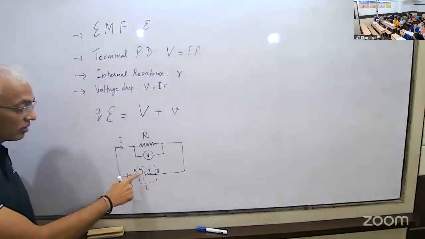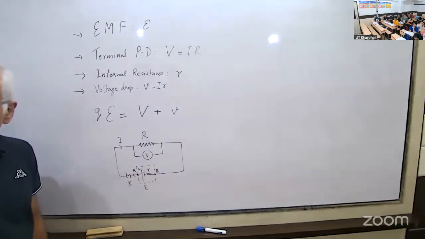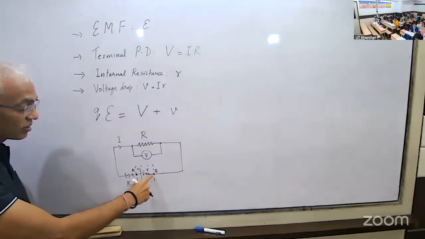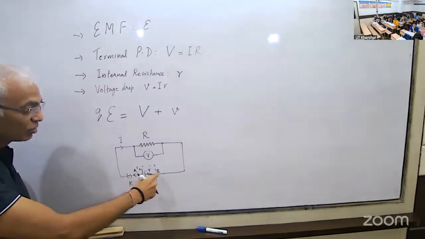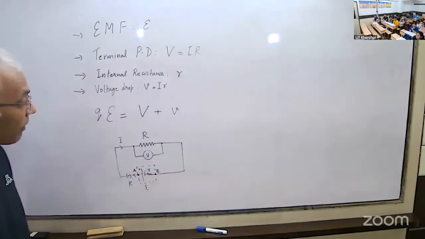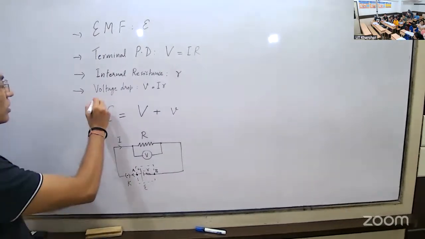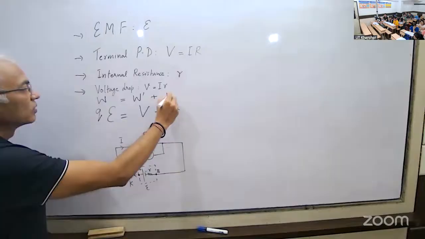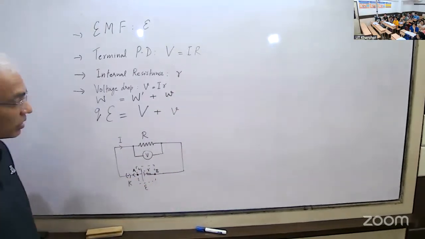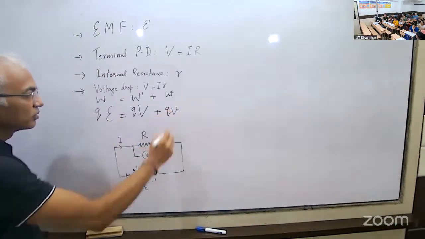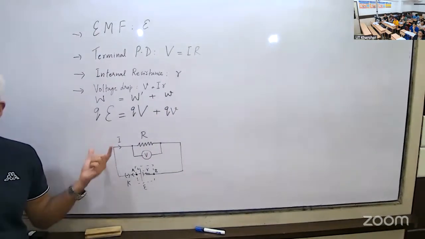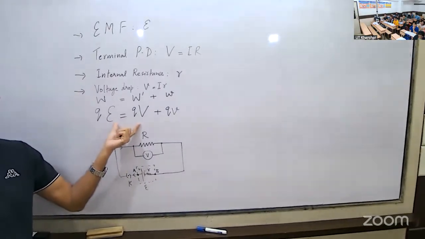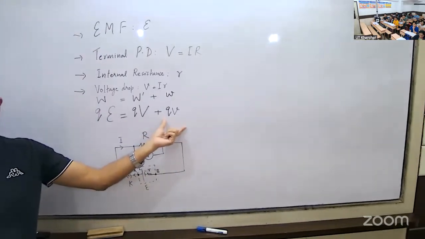The external part is from A to B. The full circuit is from A to A, and the internal circuit is from B to A. Work done in the total circuit is equal to work done in the external circuit plus work done in the internal circuit, and this was nothing but QV. Total work done is equal to work done in external circuit plus work done in internal circuit.